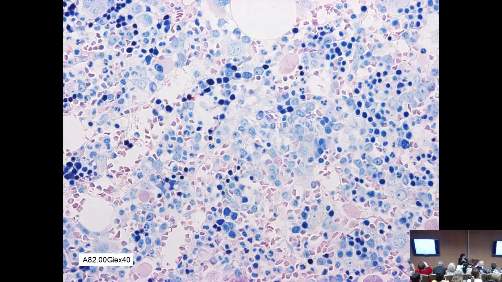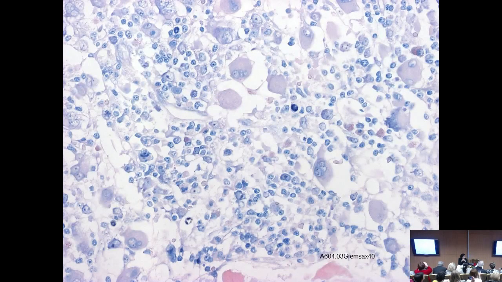So here you see the blasts, as they appear in the Giemsa stain. Blasts have an open chromatin with prominent nucleoli, and frequently you can see a delicate folding of the nuclei of the blasts in the granulopoiesis.